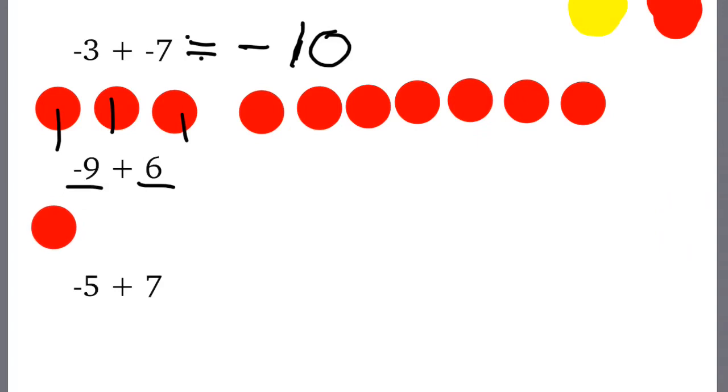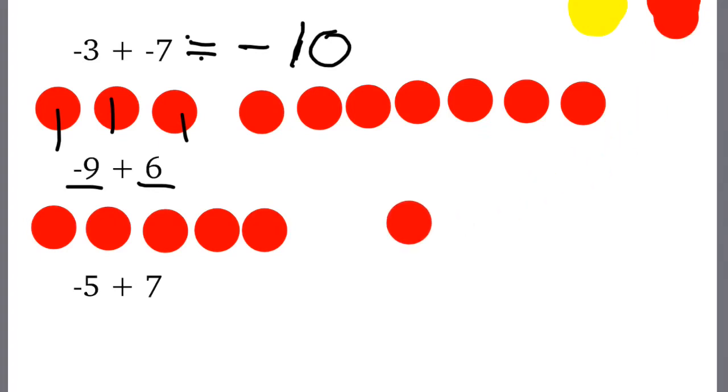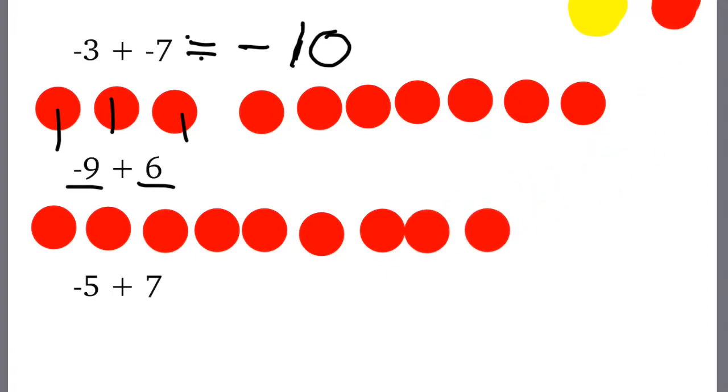So I'm going to put out 9, 1, 2, 3, 4, 5, 6, 7, 8, 9. Now I'm going to do my 6 positives, which is 6 yellow because my yellow represents my positives. 1, 2, 3, 4, 5, 6.